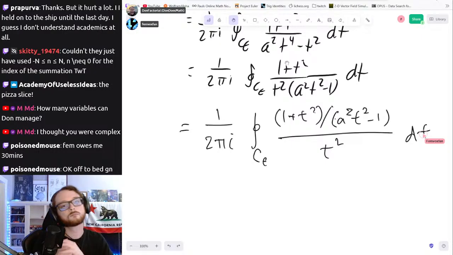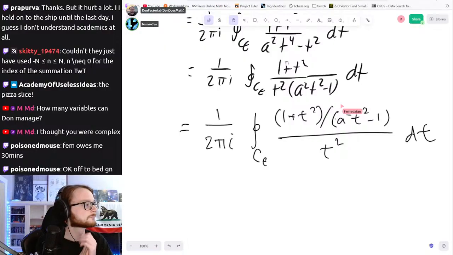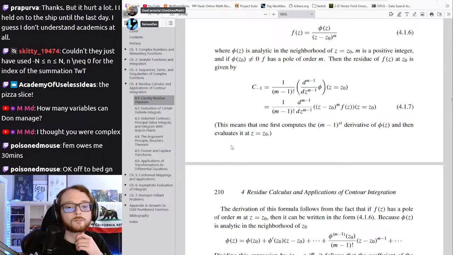So when t is 0, this function on top is fine, right? We just get negative 1. So it basically looks like negative 1 over t squared when t is very close to 0. And so, is that good? Can I just say that? And so then the residue is 0 because there's nothing over t, it's just over t squared. I mean, I'm not very convinced by that, but maybe.